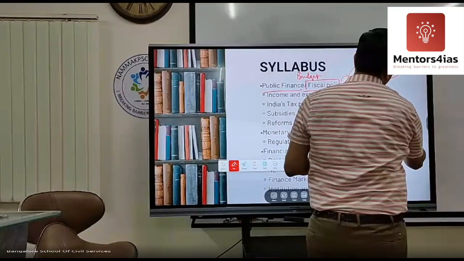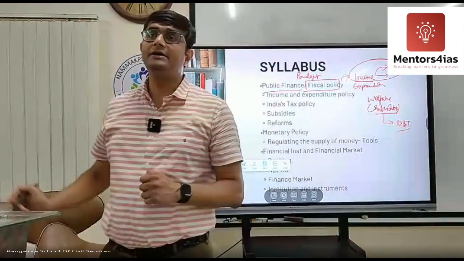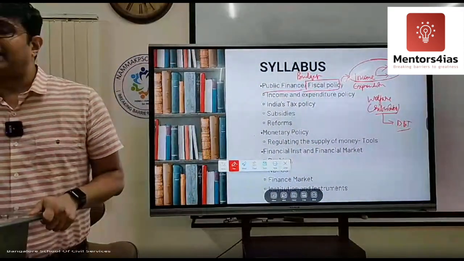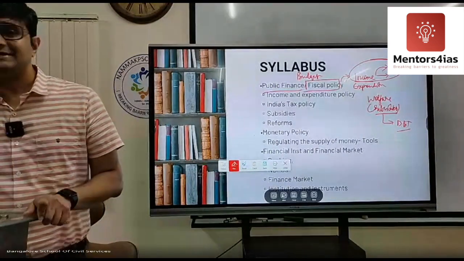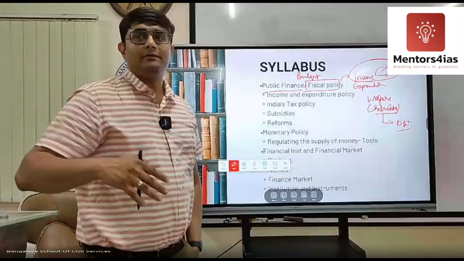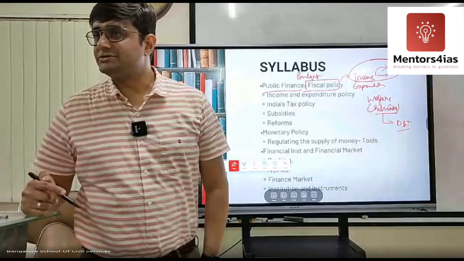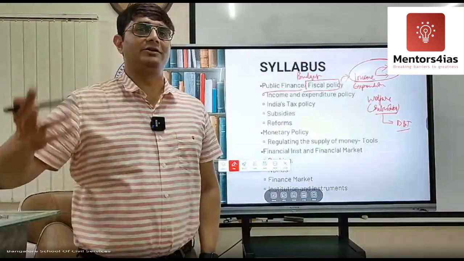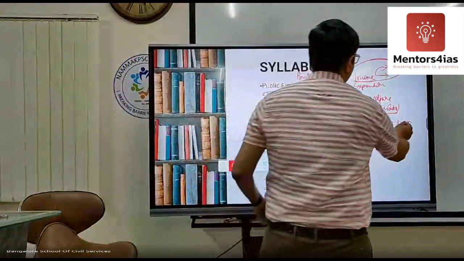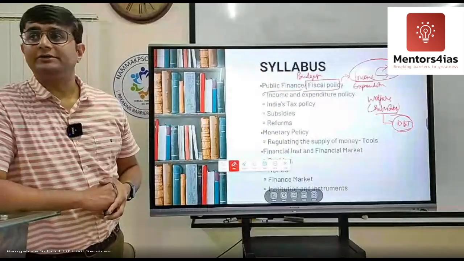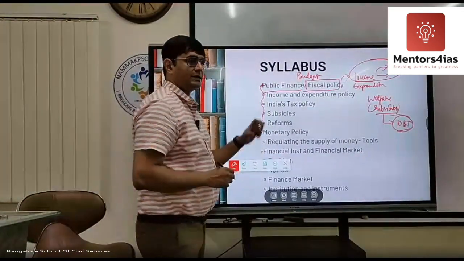The government has introduced what is known as DBT, that is direct benefit transfer, where the money is given directly to the accounts of the beneficiaries instead of simply giving products which can be misused or diluted or sold outside. They directly transfer this money to the accounts of the beneficiaries. So like that, all these things we will be discussing under fiscal policy.